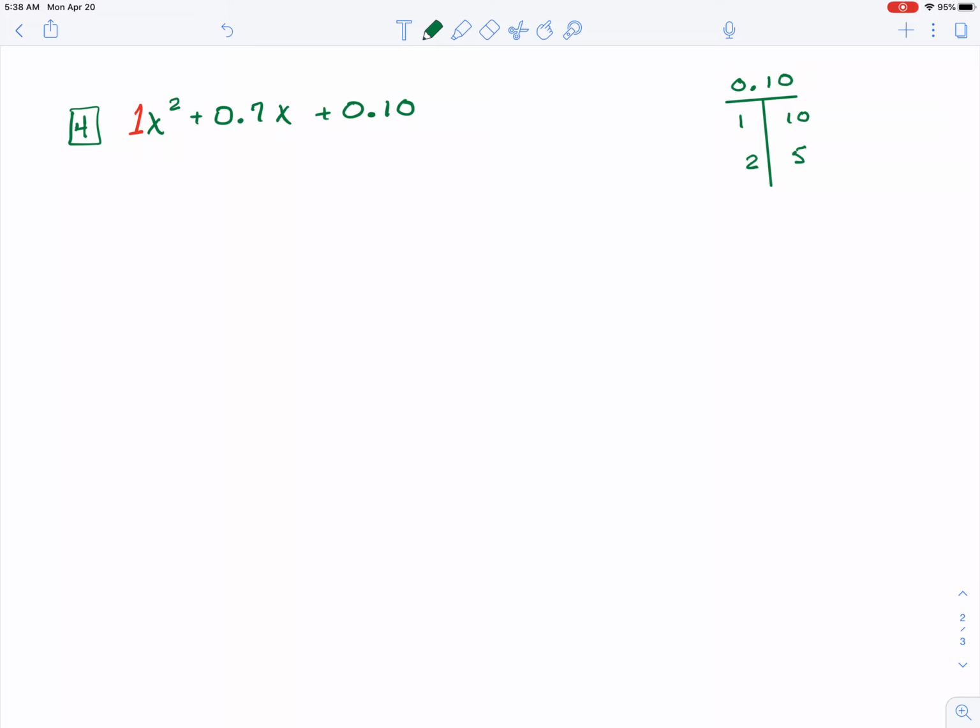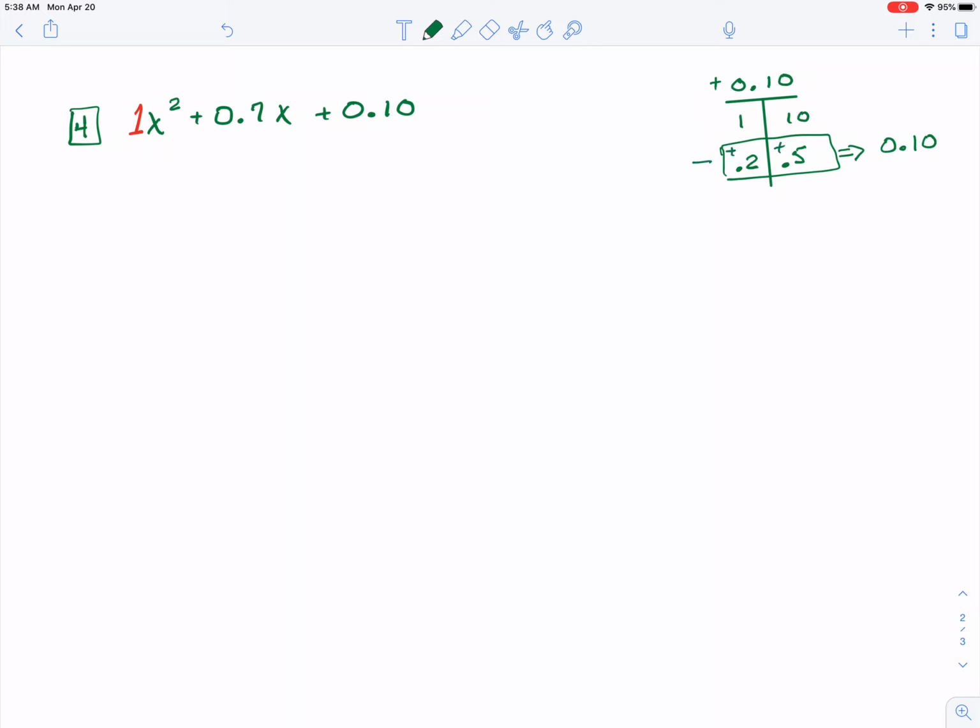The 1 and 10 I'm not interested in, but the 2 and the 5 I am interested in, because if I multiply 2/10 times 5/10, or 0.2 times 0.5, I can get this positive 0.10 at the top if I make them both positive.